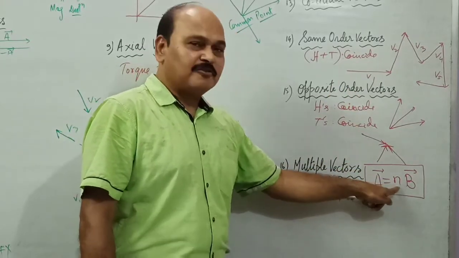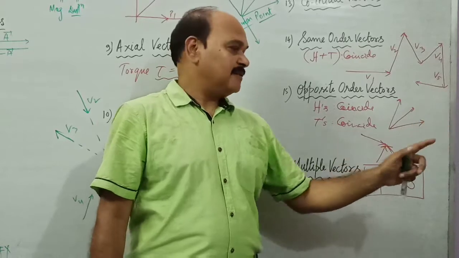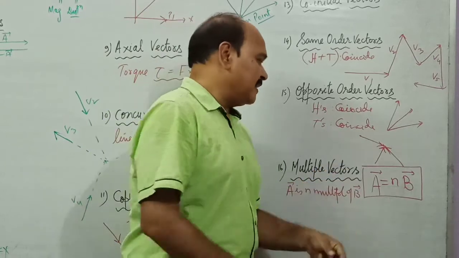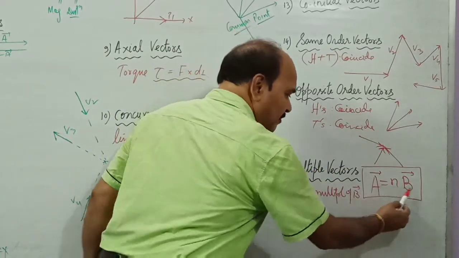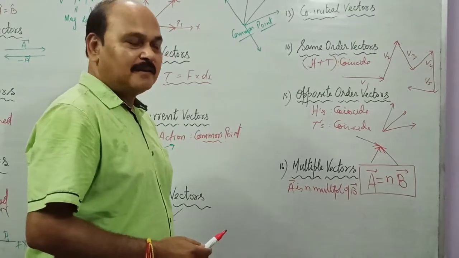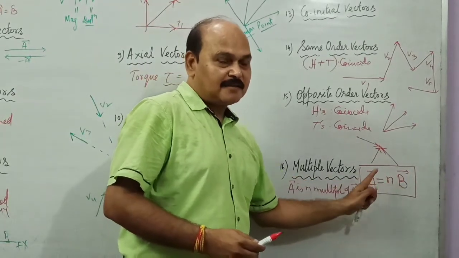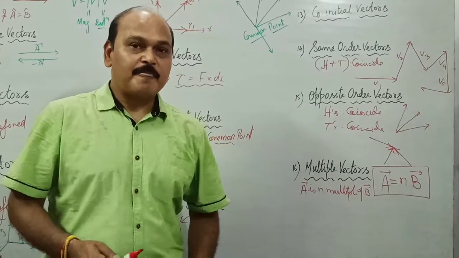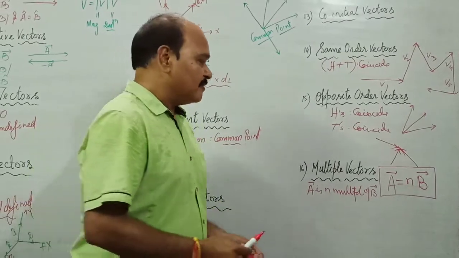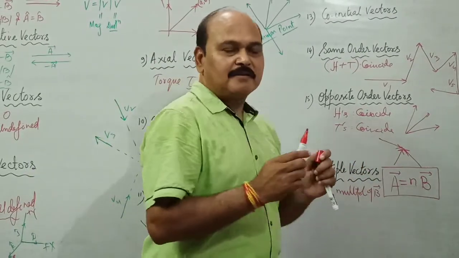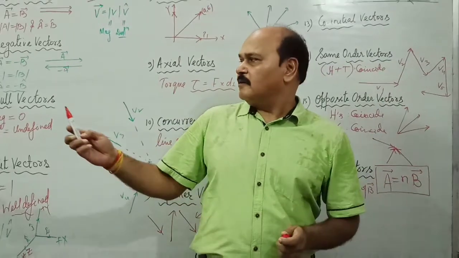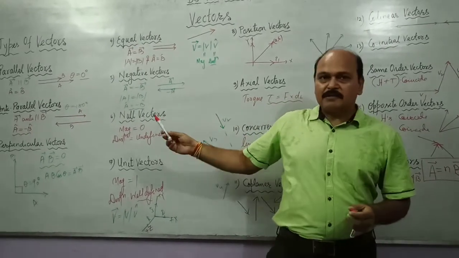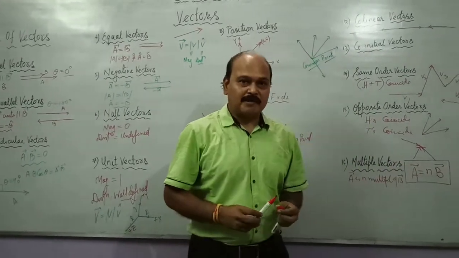If n is positive, they are parallel vectors. If n is negative, they are anti-parallel vectors. If n is equal to 2, A is double multiple of B. If n is equal to 3, A is triple multiple of B. If n is equal to 4, A is quadruple of B. So multiple vectors represent a group of vectors, or say all parallel, anti-parallel, equal, negative, null vectors. They all are represented by multiple vectors.